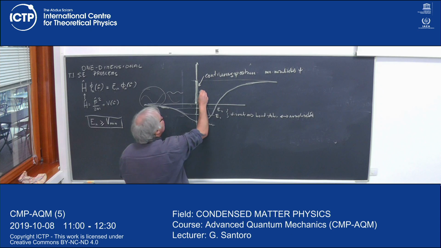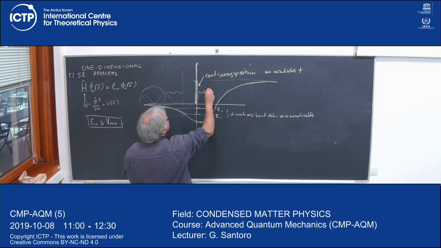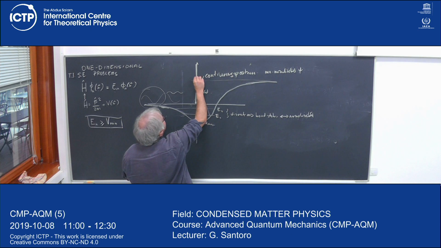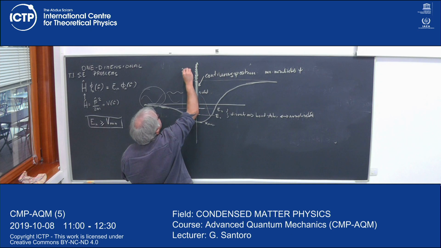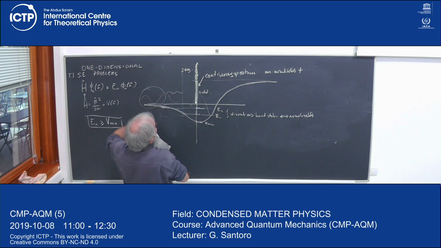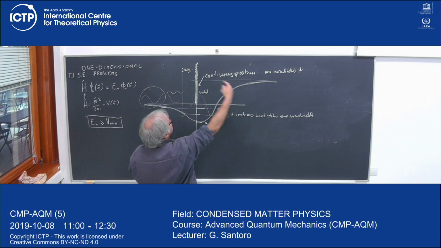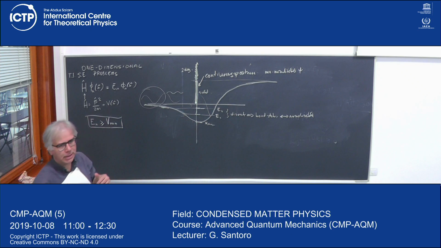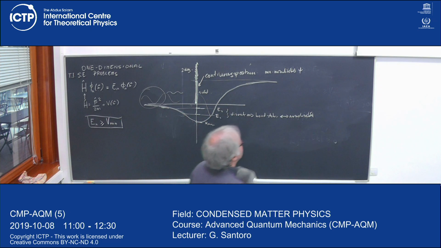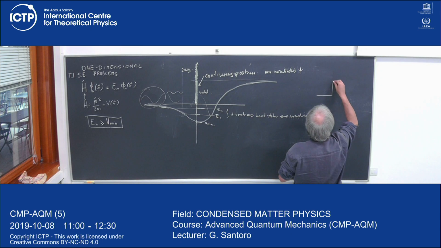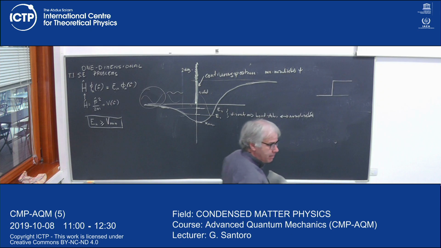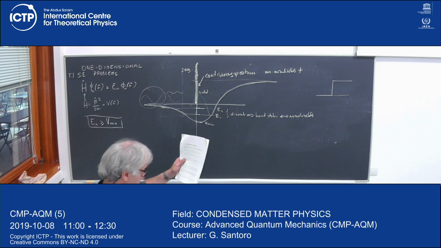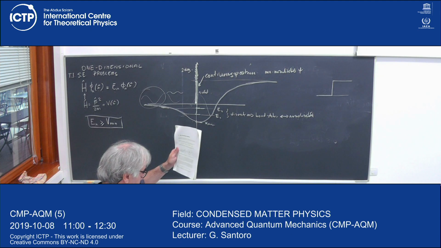So there is only one solution here, while in this part here you can even find two degenerate solutions: one that comes from here and one that comes from there. We'll discuss this later when we study the scattering by a step. So wait a little bit more.